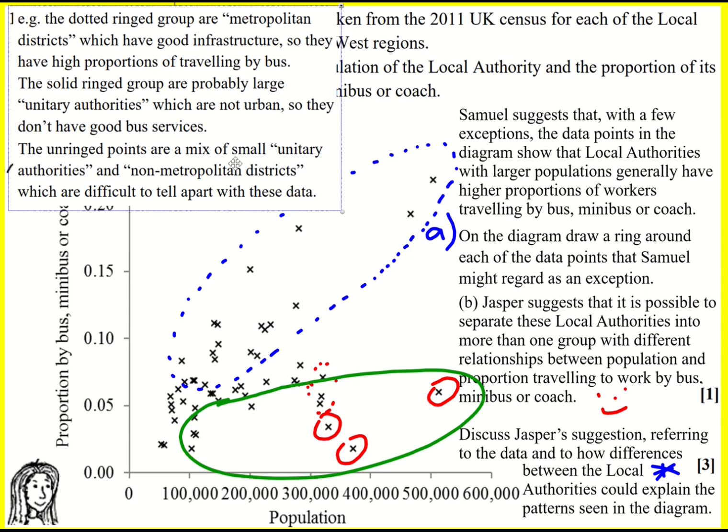They don't have good bus services, and so as the population increases, the proportion doesn't either. And I didn't think to talk about this, but the unringed points are maybe a mix of small unitary authorities and non-metropolitan districts, which are difficult to tell apart.